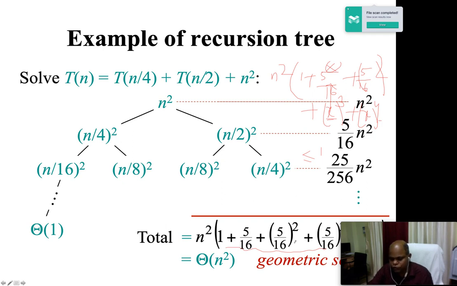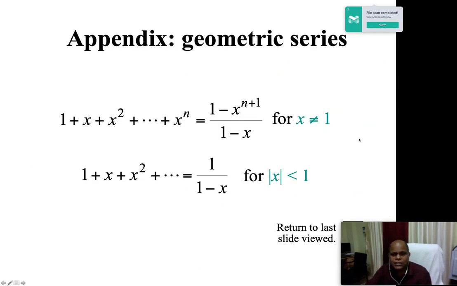For this geometric series, if x is less than 1, then we can write the sum as 1 by 1 minus x. Hence it is 1 by 1 minus 5 by 16, which is 16 by 11.